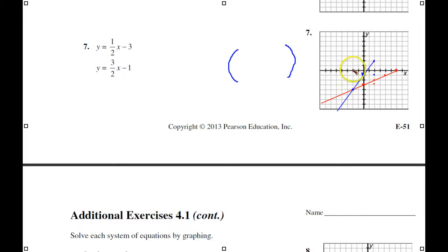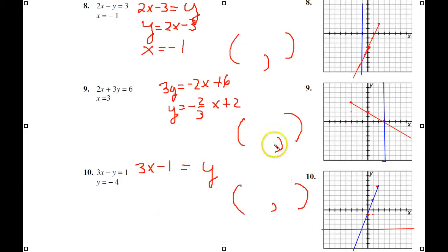So we're going to go over 2, so that's a negative 2. And we're going to go down 1, 2, 3, 4. Negative 2, 4. These equations again are independent, but they are consistent in that they intersect at this point.